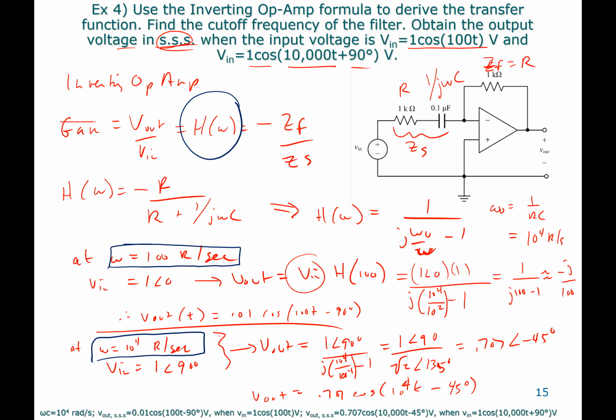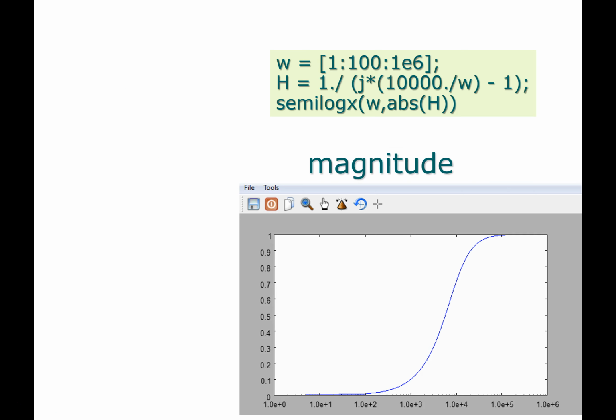H of omega is the output divided by the input. It's very similar, but more symbolic and less numerical, so that we can see what's happening over many omegas instead of just finding it at one frequency. We're extending this over many.